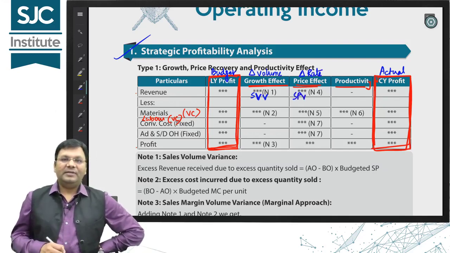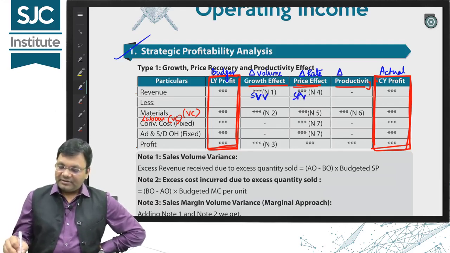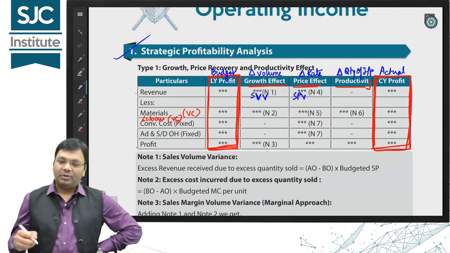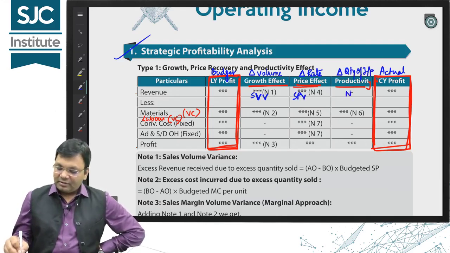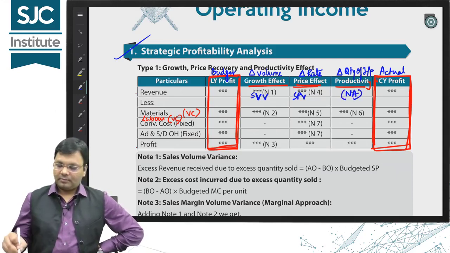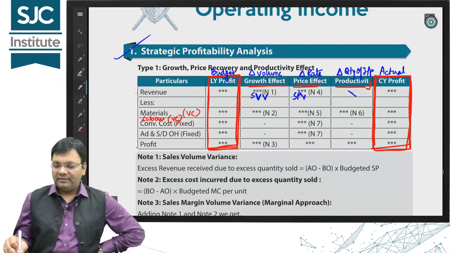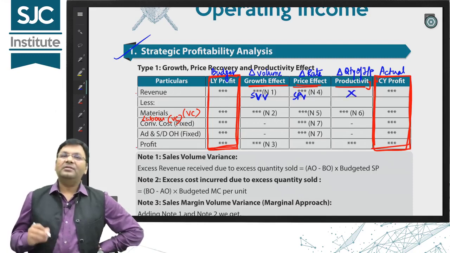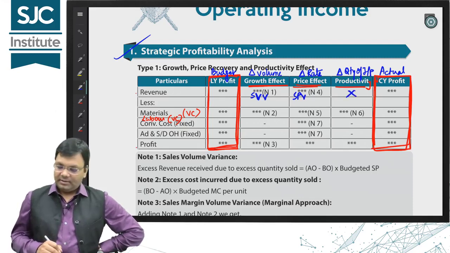Productivity is change in quantity of input. Sales is not connected with input, it's output, so this is not applicable. Blank means not applicable; you need not do any calculation for productivity of sales.